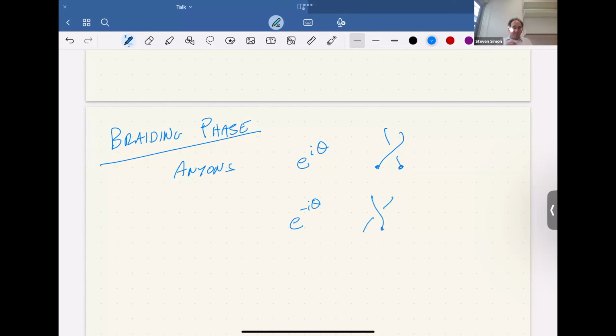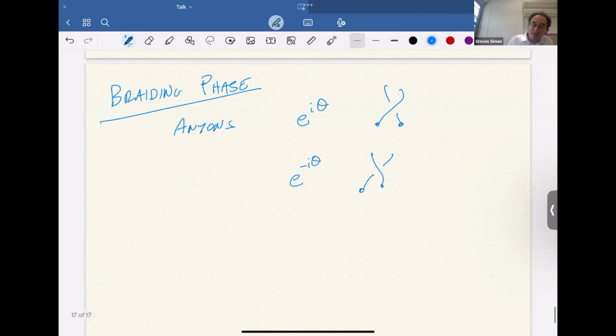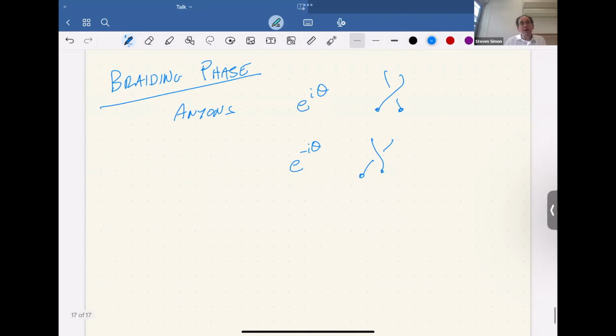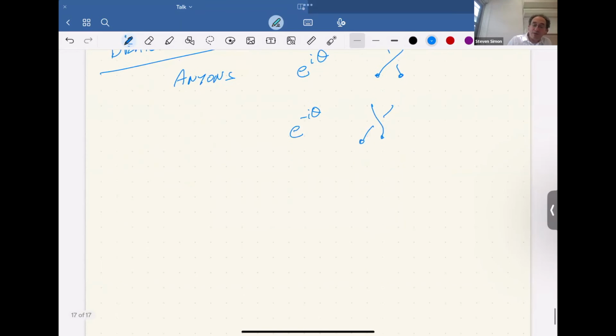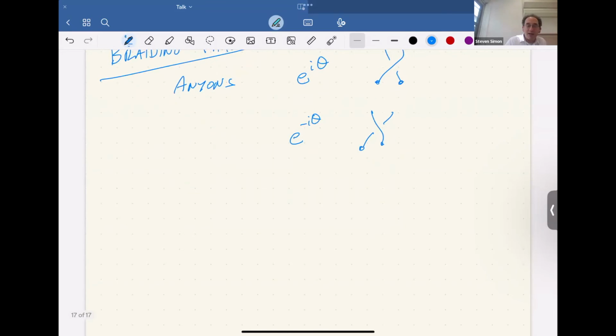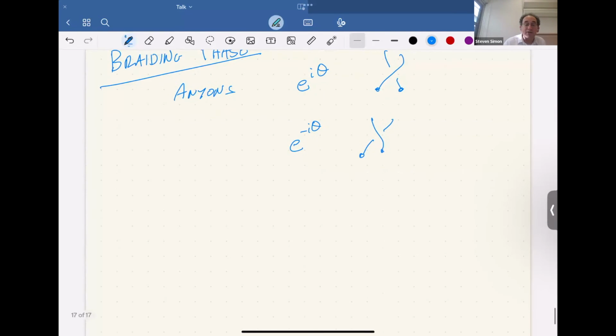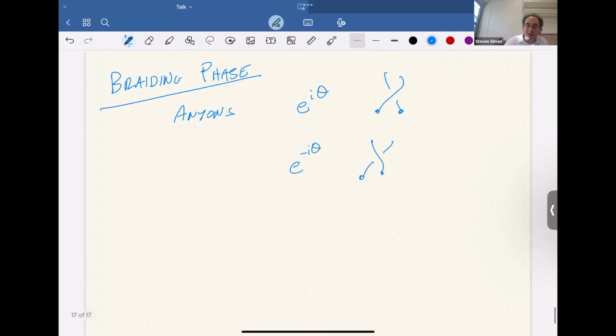It turns out that these excitations of the fractional quantum Hall effect really are anyons. The fact that these things are anyons was proposed first in 1983 or 84.